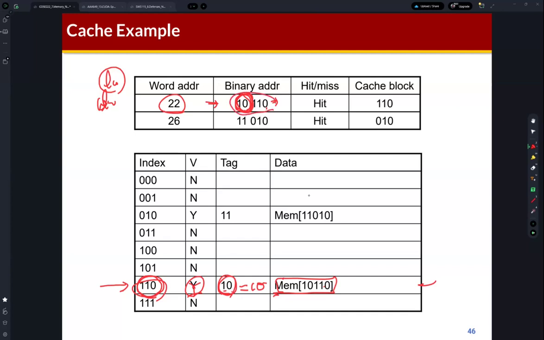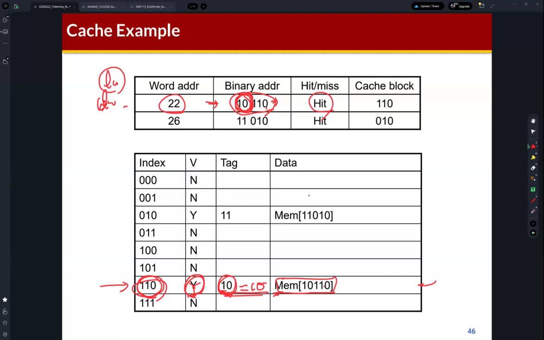And this is the same as the address of the requested data. Because the tag is matched and this is valid, this cache has the requested data. So the data is found, so the result is a cache hit, right?